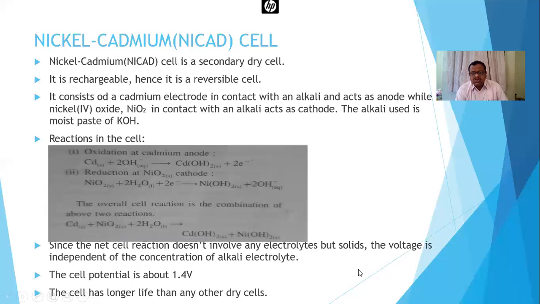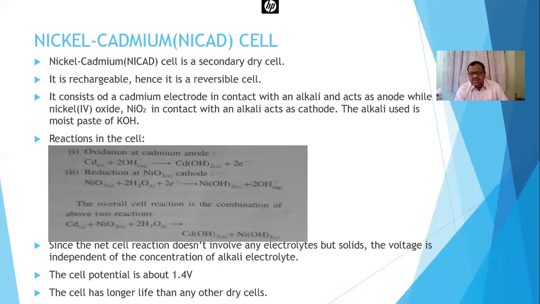The cell potential developed by the nickel cadmium cell is about 1.4 volts. This nickel cadmium cell has a longer life than any other dry cell.